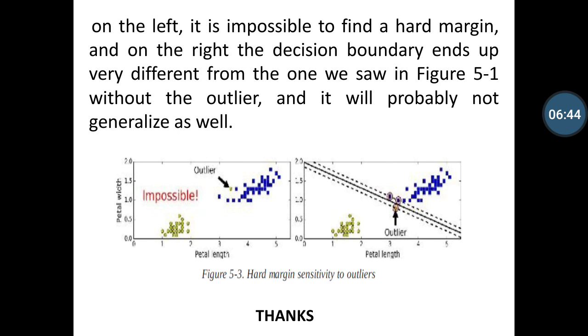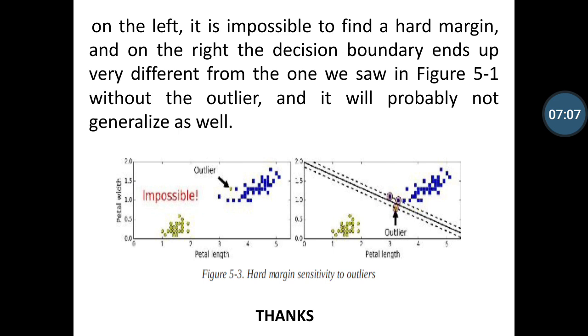The two axes are petal length and petal width, and the second graph shows a line that separates the two classes of petal length and petal width.